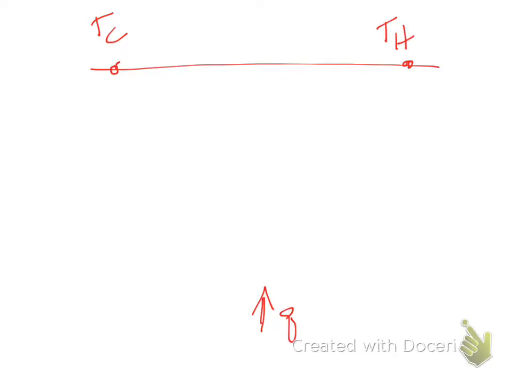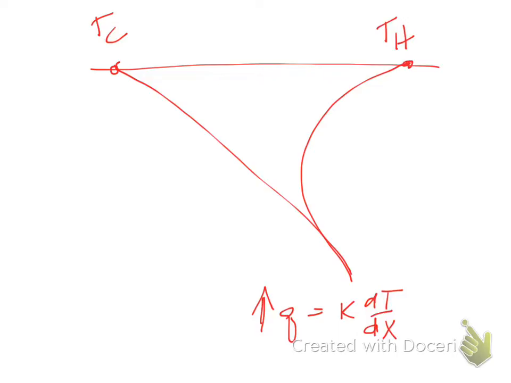Yeah, because remember, Q is equal to K dT/dx. So what this is saying is that the gradient at some magic depth d is always constant, not the magnitude of that T. So it might look like this, where this is our dT/dx.